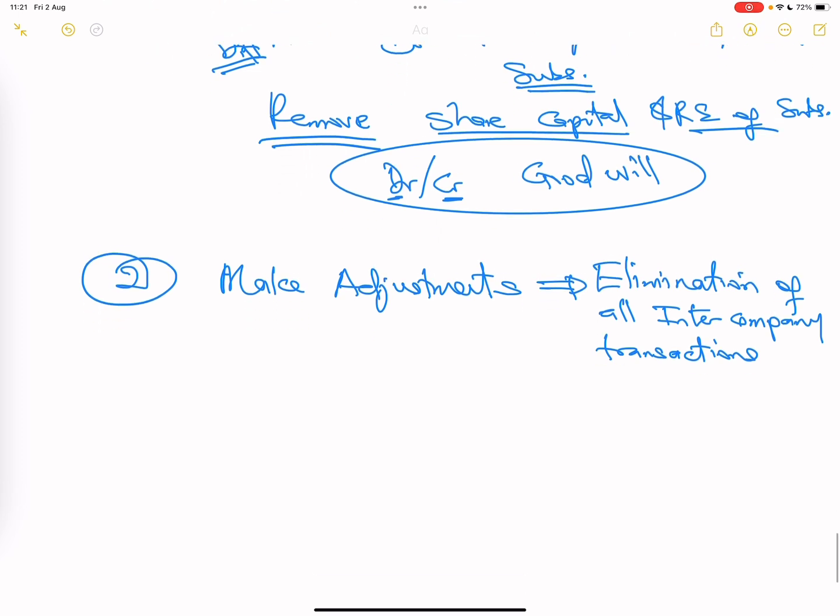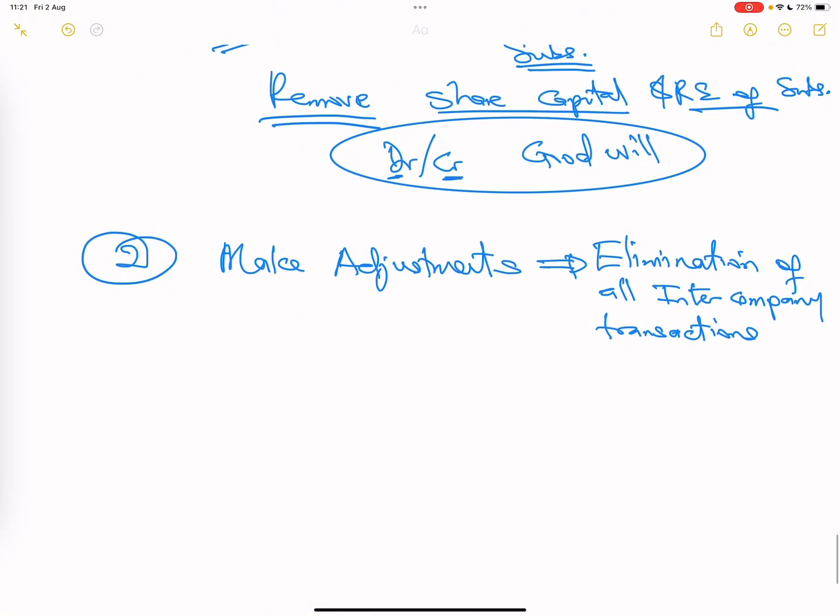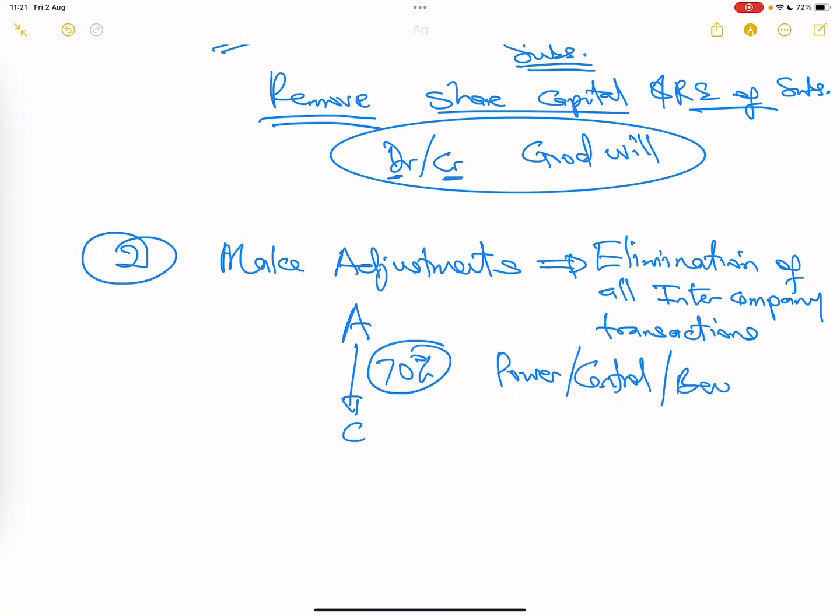And why do you think this is important? Remember, if company A has acquired 70% of C, which means it has power over C, it means it's going to control C. And it's going to control C to make a benefit. Then there's a likelihood that it can tell C to buy a product at any price.